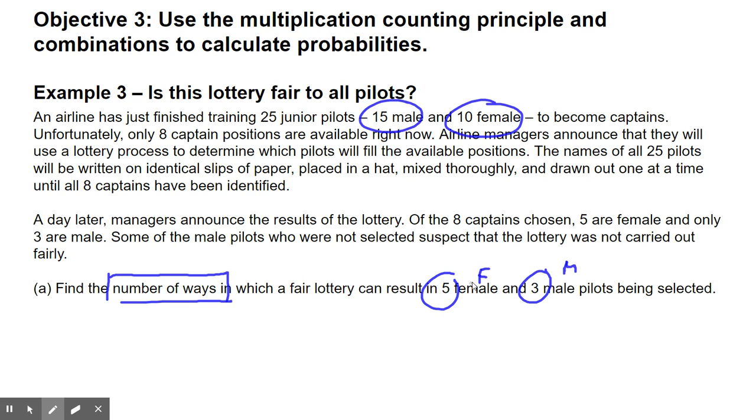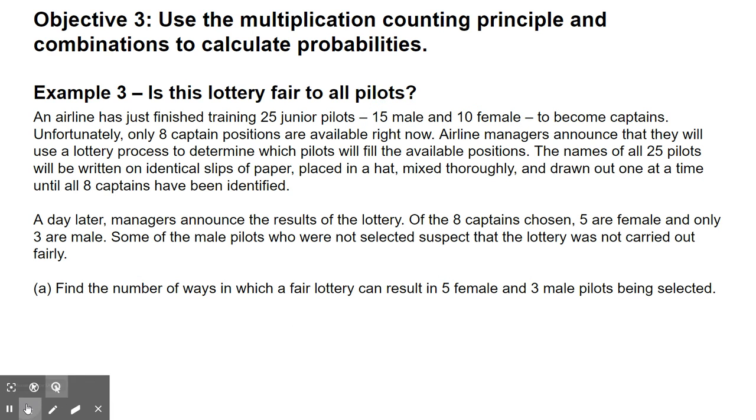Well, to choose 5 females, I take my 10 females and I choose 5. And I multiply that by taking my 15 males and choose 3. I'm going to multiply this in the Desmos graphing calculator and get the number of ways.